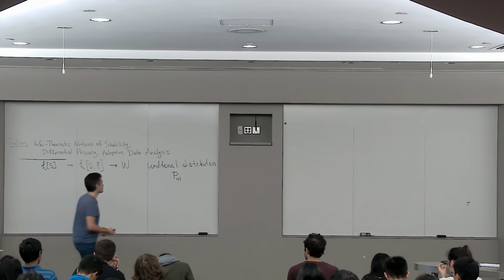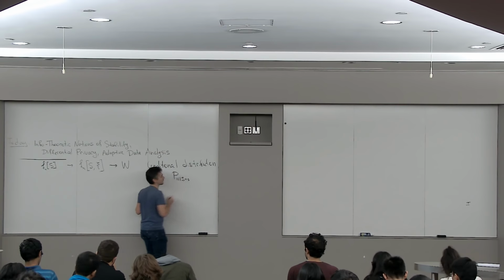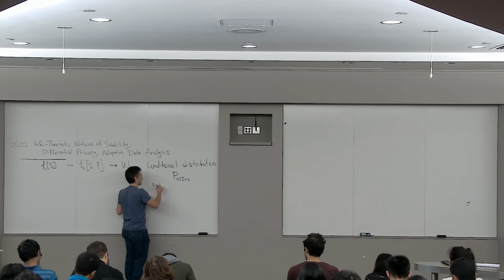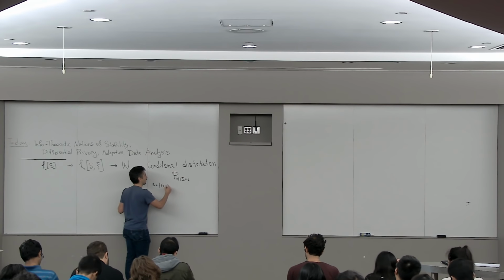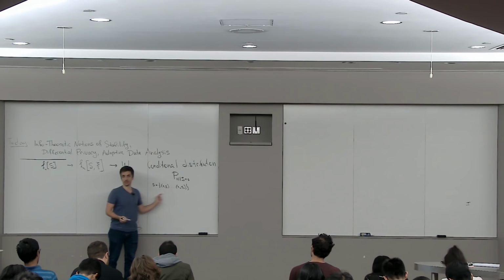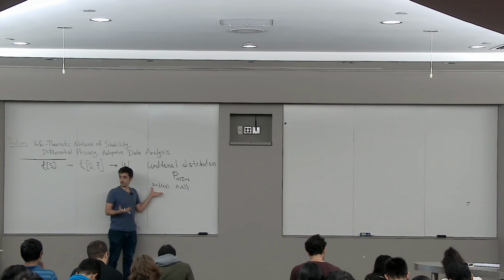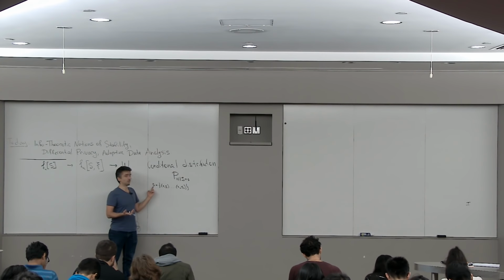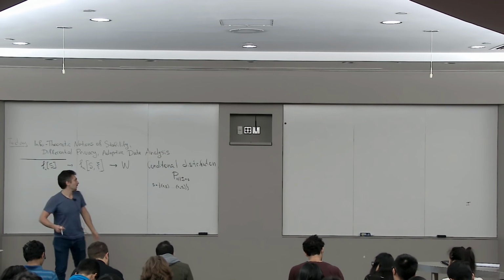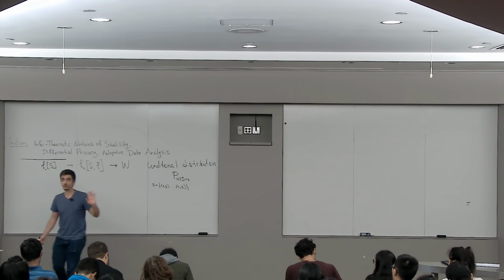Everyone comfortable with that? So given S equal to little s, which is x1, y1, through xn, yn, these are the realization of the data set. Capital S is the random data set, and we can think of little s as a particular realization of it. So this is the conditional distribution. Everyone is comfortable with that notion?